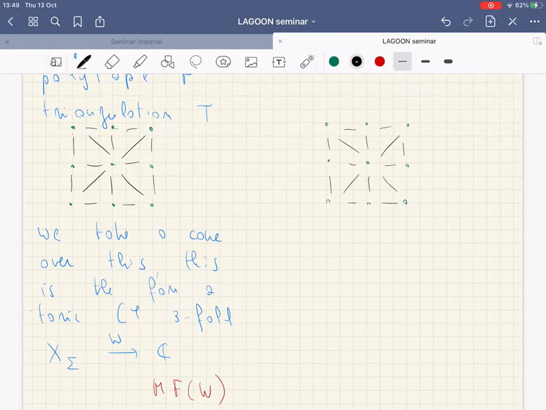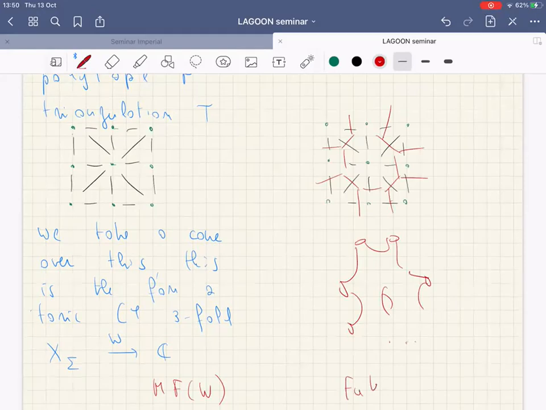You take this same data, a polytope with triangulation, you take this dual graph, and this dual graph is the tropicalization of a punctured Riemann surface. You see how this goes. And on the A side, we consider the Fukaya category of this. And the claim is that there is an equivalence here. This is what we prove.